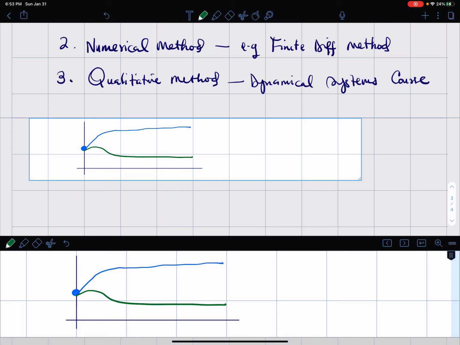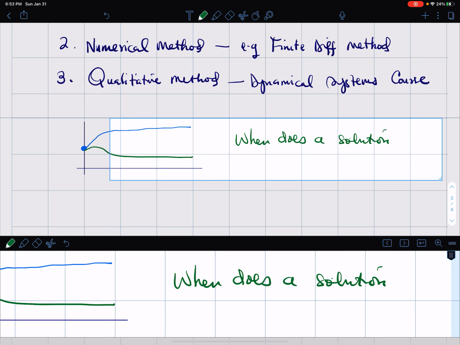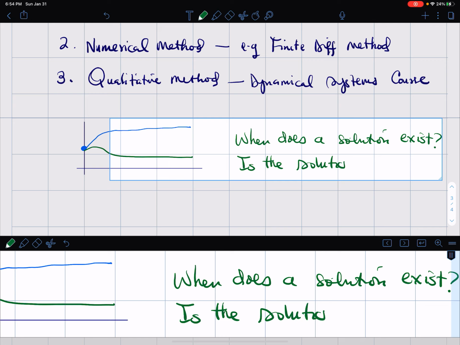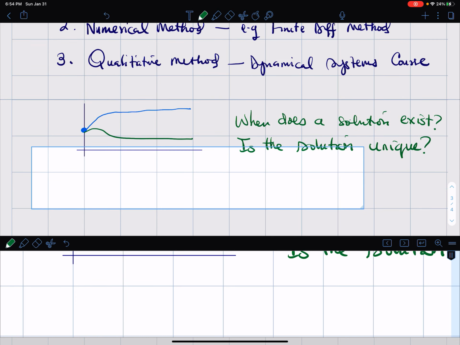So uniqueness is very, very important. Existence and uniqueness: when does a solution exist? If it exists, is it unique? Non-unique solutions can be very, very confusing. Okay.